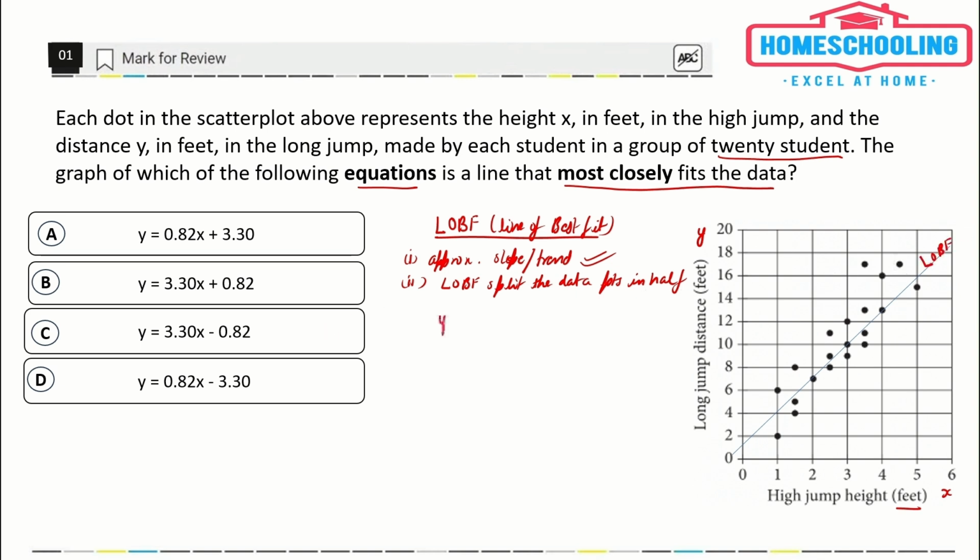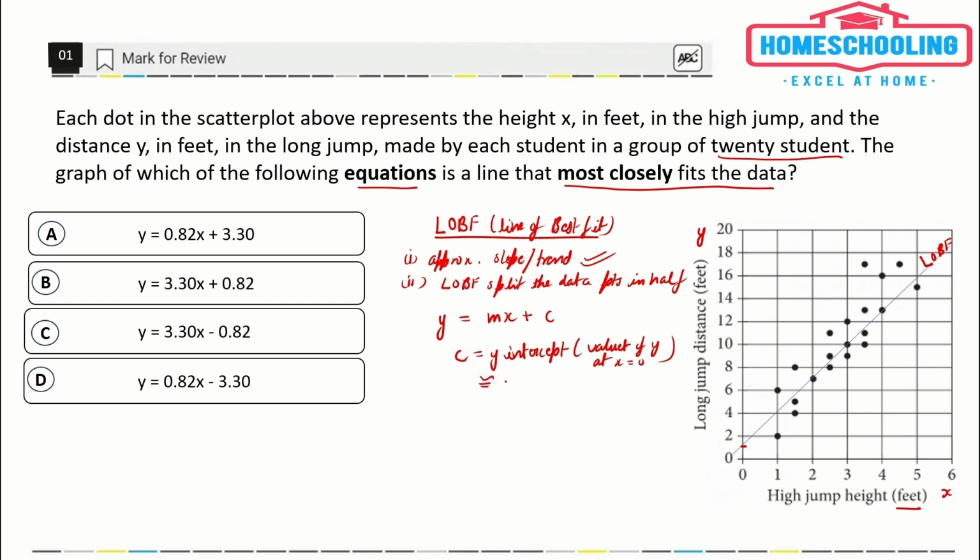Now, as we know the equation, y is equal to mx plus c. So c is your y-intercept. What is the y-intercept? The value of y at x equal to 0. If we follow this line of best fit, we can see the y-intercept is somewhere near 1.